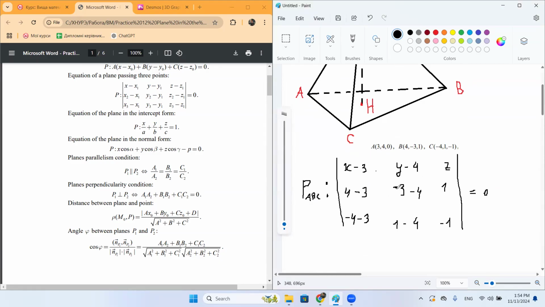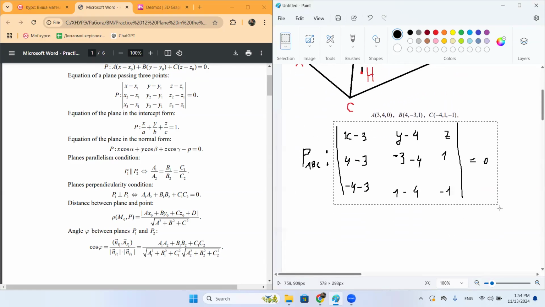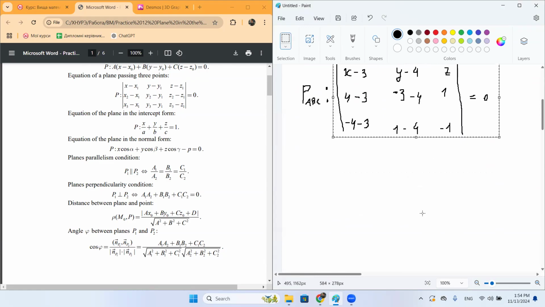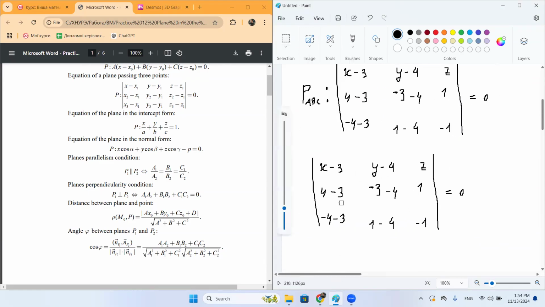By the way, don't forget to double check the determinant because it's a common mistake. So minus 3, minus 4, 1 minus 4. Okay, 1 minus 1. It seems that everything is correct. And now let's simplify it. Reduce.